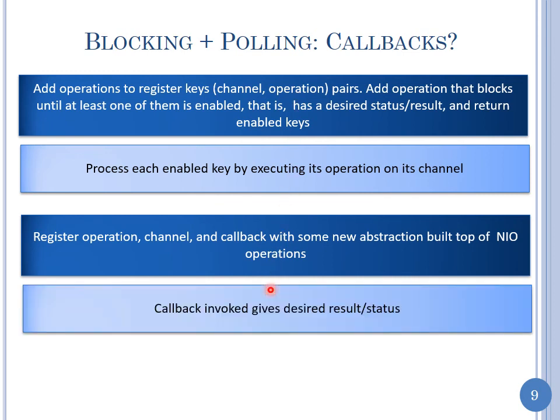And that callback invocation gives the desired result and status we want, and it's invoked by separate threads. So as long as we're willing to have these separate threads, we no longer need this blocking operation at the upper level layer. The abstraction we build on top of NIO is going to have to execute this blocking call, but our application layer doesn't have to. So that's one key idea in this abstraction.